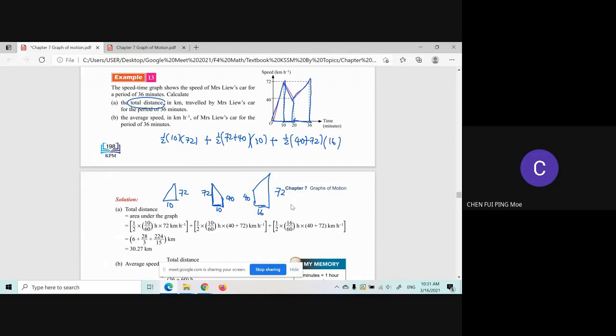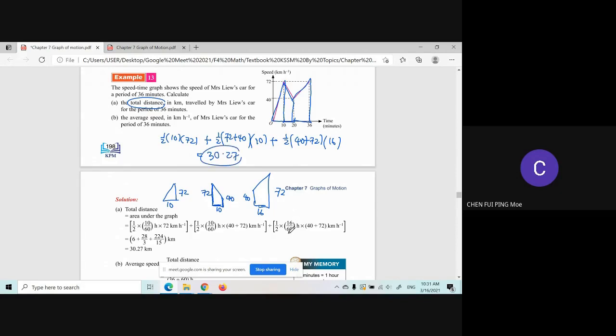Just key in like this, no need to put units, very confusing. And no need for the multiply sign. You just put brackets like this, it will be easier for you to reduce errors. Key in exactly the same and you will get around this as your answer.